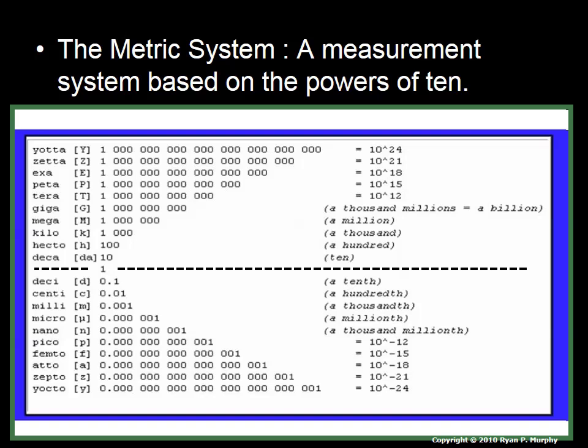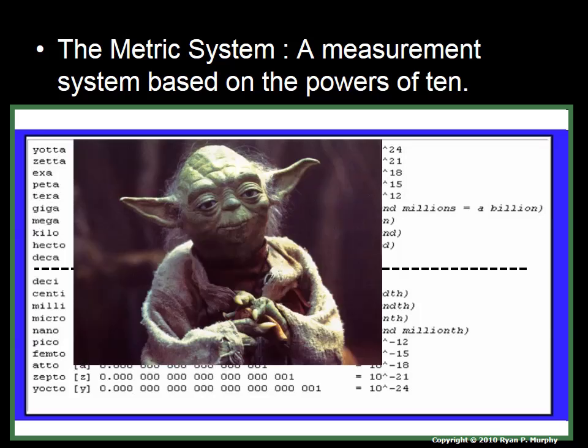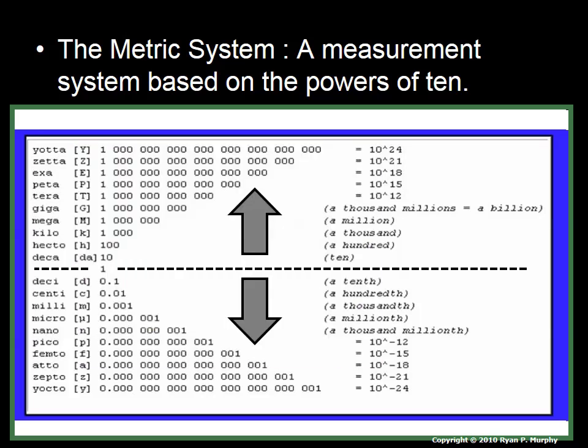But I think if you look at this list here, you can see that there are some more that you're probably familiar with, like mega, giga, and tera. You've probably heard of those because those are ones that we use in computers a lot, megabytes, gigabytes, and terabytes. And we can go all the way up to yotta. Not you, Yoda, yotta.